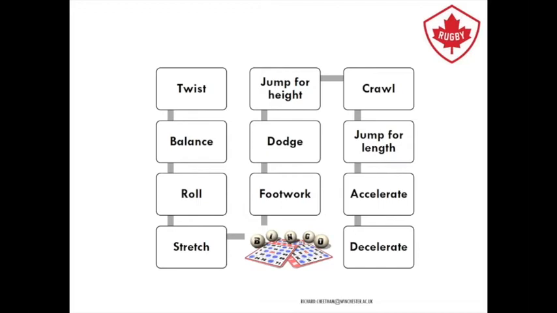And with balance and evasion comes twist, because you'll need to rotate. And you might need to roll out of contact. So you can actually design a session where all of these will have some sequence with one another. If you're going to do acceleration, you will decelerate because you might need to suddenly change direction.